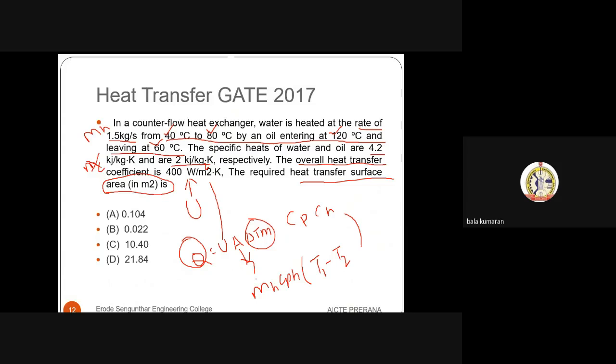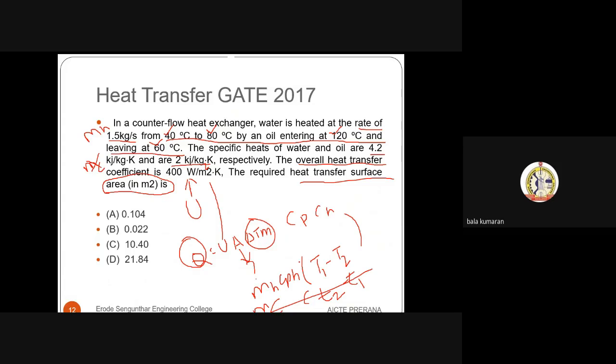Now say which is capital T1 and capital T2. Why are we not using the other formula? There is another formula, MC CPC, small T2 minus small T1. But we are not using this formula because we don't have the MC value.